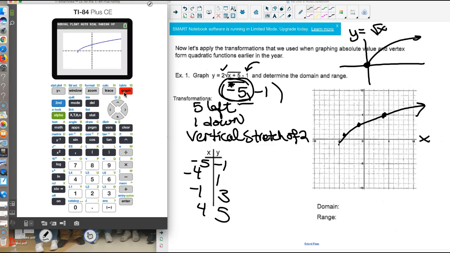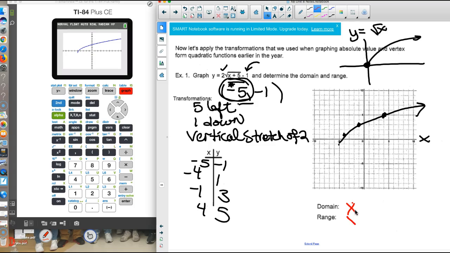Domain and range. I think for you guys, what I want you to do is go like this, X, Y. Domain is always about X, range is always about Y. The easiest thing I think to do is picture lines going through the vertex like this for your domain and range.